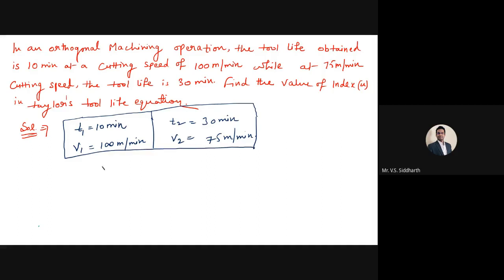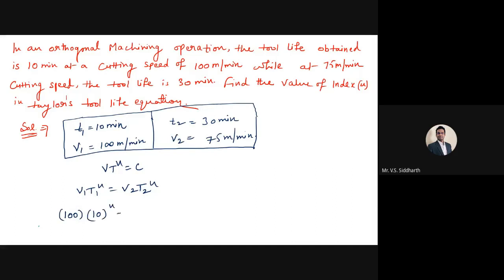So we have the equation V T to the power n equals constant. So can I write it like V1 T1 to the power n equals V2 T2 to the power n, since it is constant? Now what is the value of V1? 100. What is the value of T1? 10.